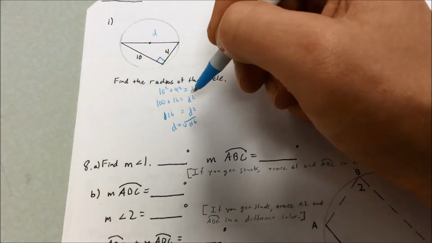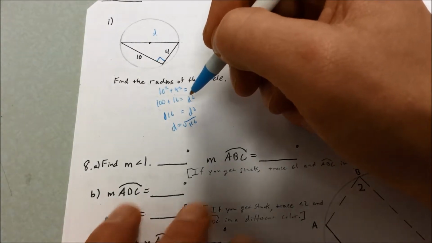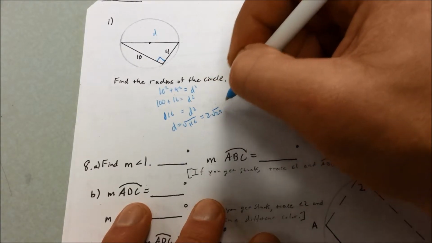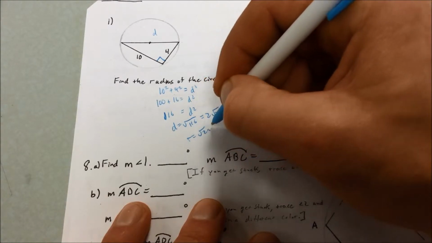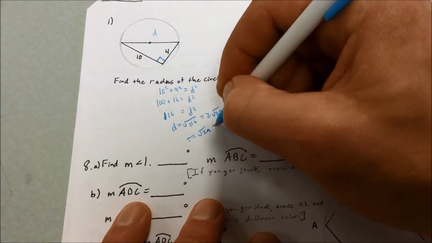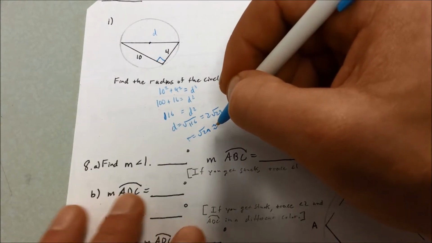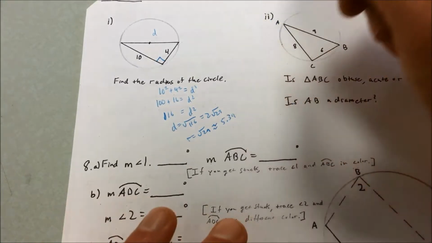So that's going to be the square root of 116, which would be 2 times the square root of 29, which means the radius would be the square root of 29, or approximately 5.39.